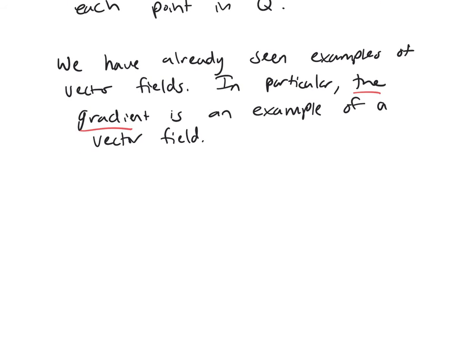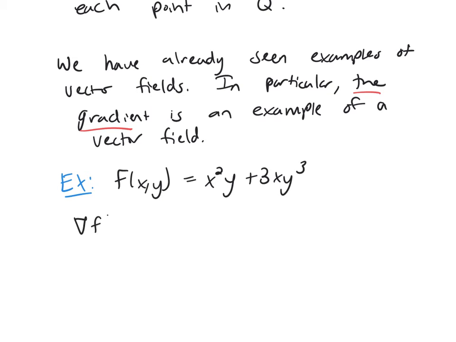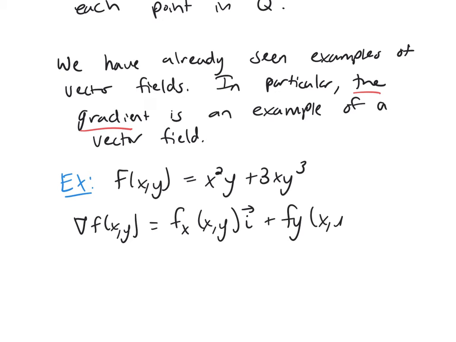Let's just remind ourselves, right? Look at an example. Let's say my function f of xy is x squared y plus 3xy cubed. Remember that the gradient is written as the partial derivative with respect to x times i plus the partial derivative with respect to y of j.